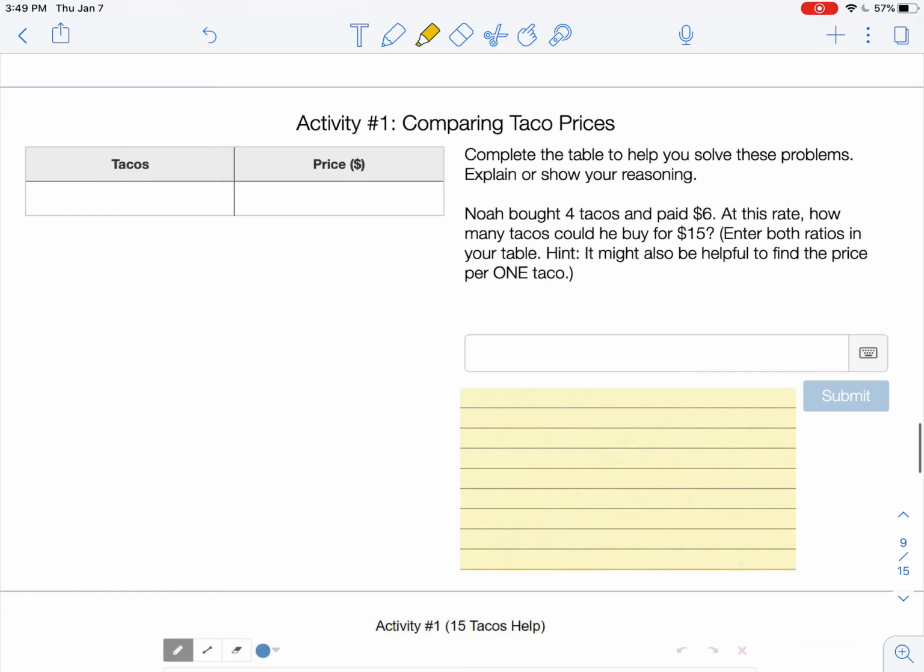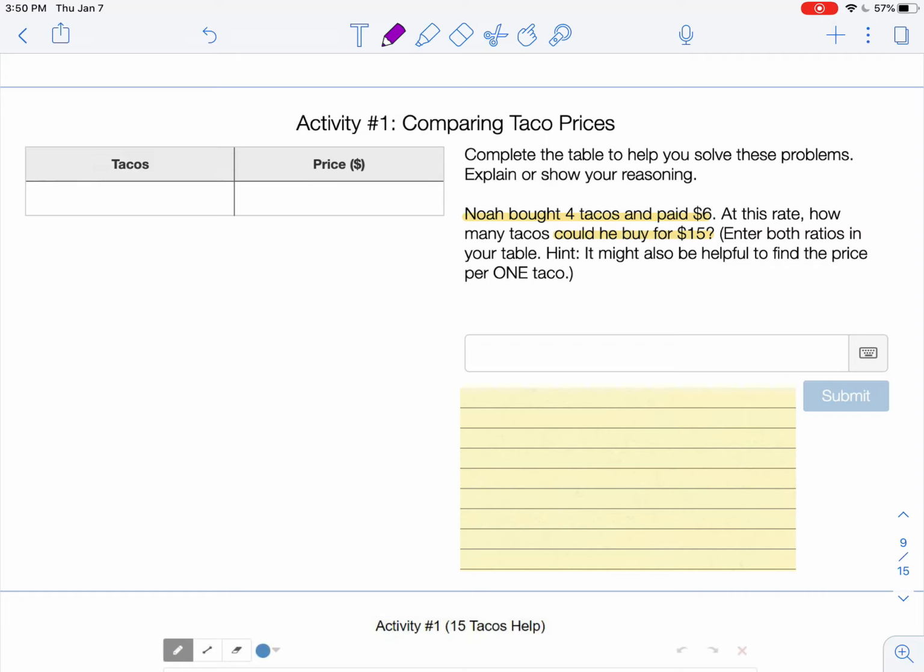Now, in the activity on Desmos, it says complete the table to help you solve these problems and explain or show your reasoning. Noah bought 4 tacos and he paid $6. At this rate, how many tacos could he buy for $15? On your Desmos screen, I broke this up a little bit more to step 1 and step 2.